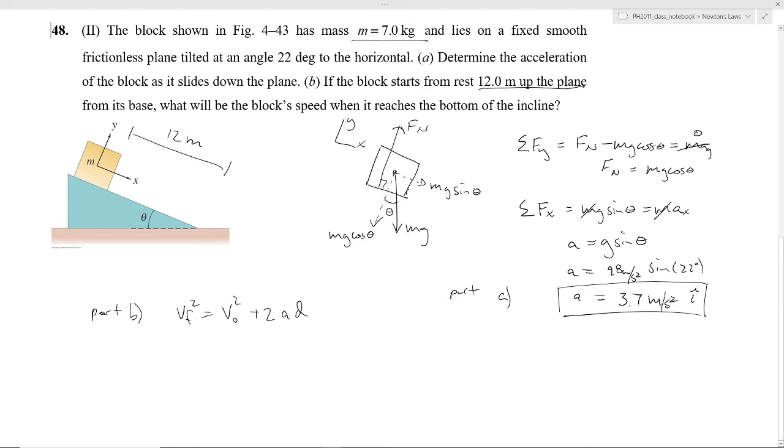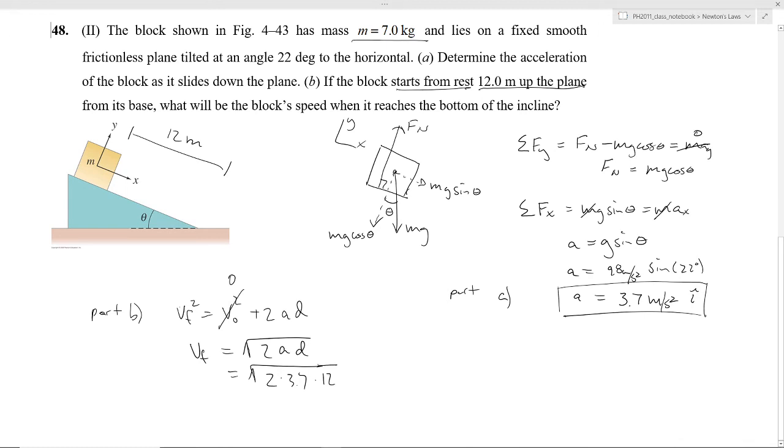So it starts from rest, so the initial velocity will be 0. We know the acceleration now from part A, so we can simply solve this for the final velocity. Take a square root of 2 times a times d. Put in our numbers here, 2 times 3.7 times 12.